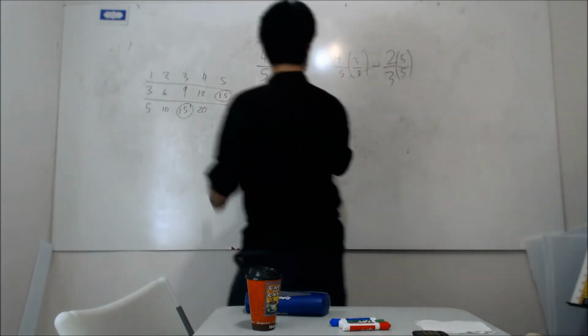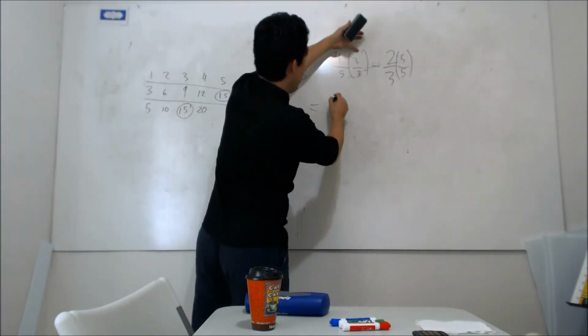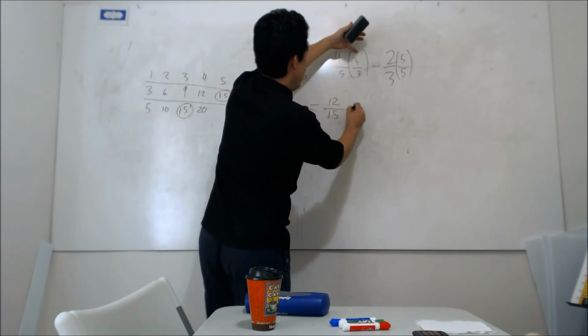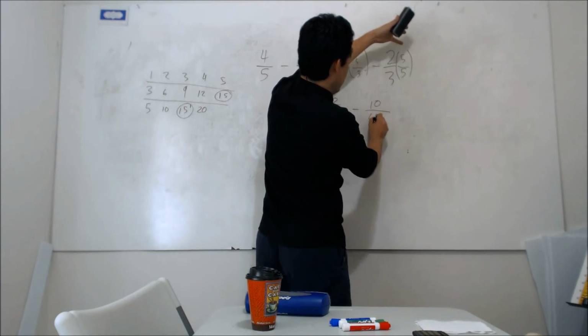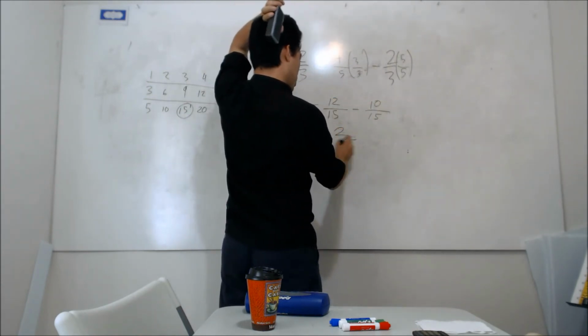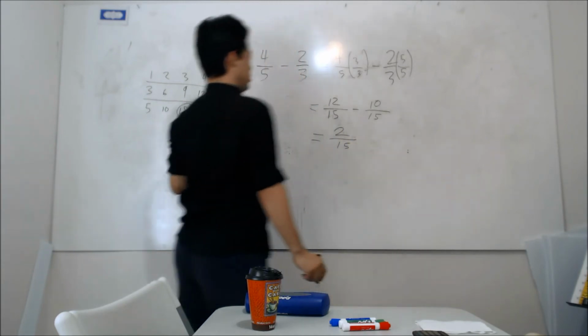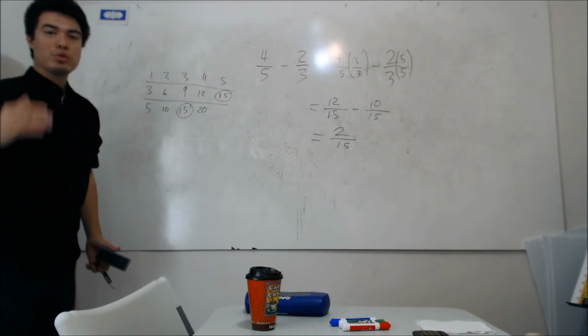Now when we carry out this multiplication, we get 4 times 3 is 12 over 15, minus 2 times 5 is 10 over 15, which is equal to 12 minus 10, which is 2 over 15. And it's just that simple. So 4/5 minus 2/3 equals 2 over 15.